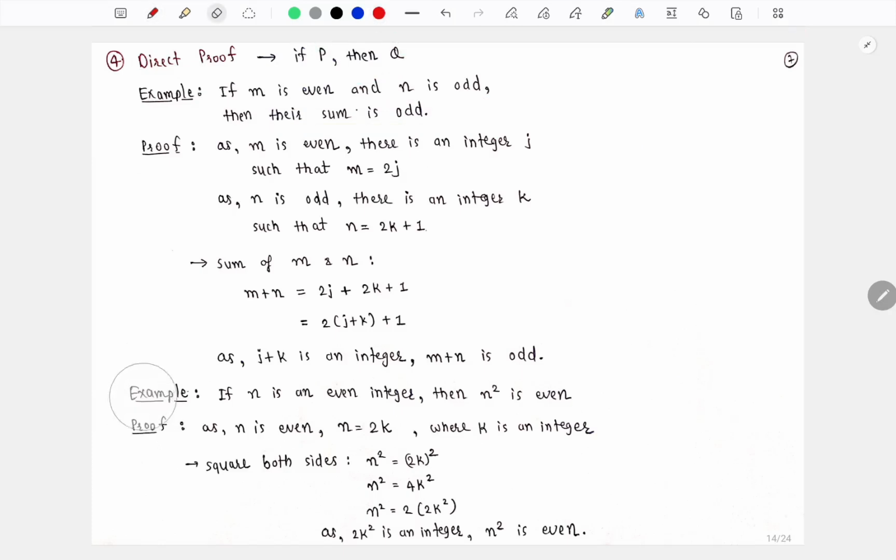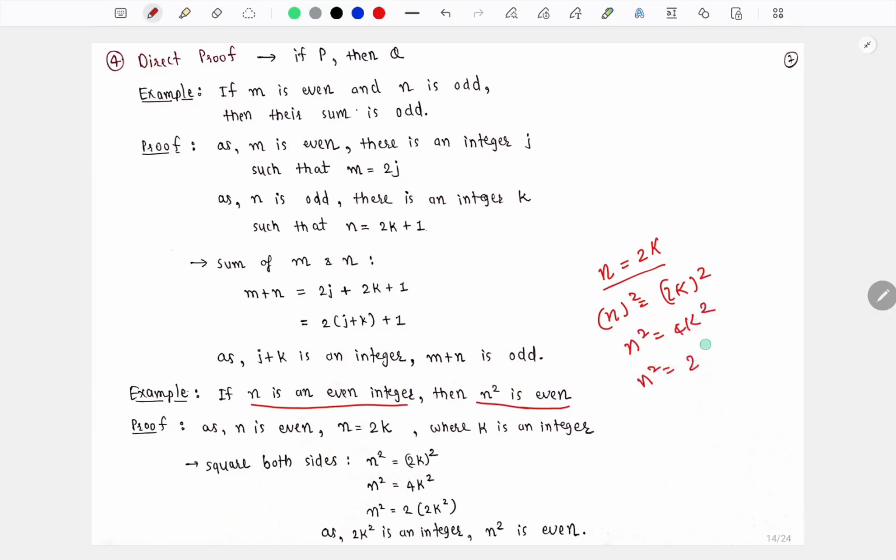Now let's see another example. If n is even, then n square is even. As we previously discussed, if a number is even, then we can write it as a multiplication of 2. So if we take 2k as n, we need to prove that n square is even. We will square both sides. 2k whole square, so n square is equal to 4k square.